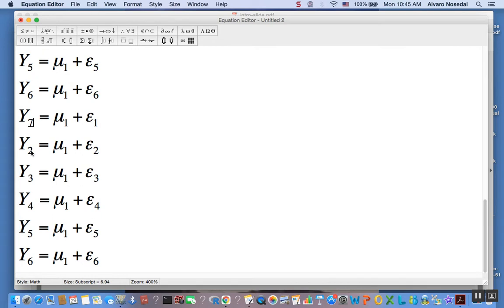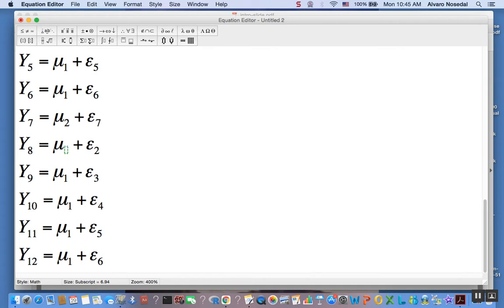Observation number 7, 8, 9, 10, 11, and 12, let me assume that they have a different mean. mu2, it has an epsilon 7, mu2, a particular random fluctuation for the 8th observation, and so on.